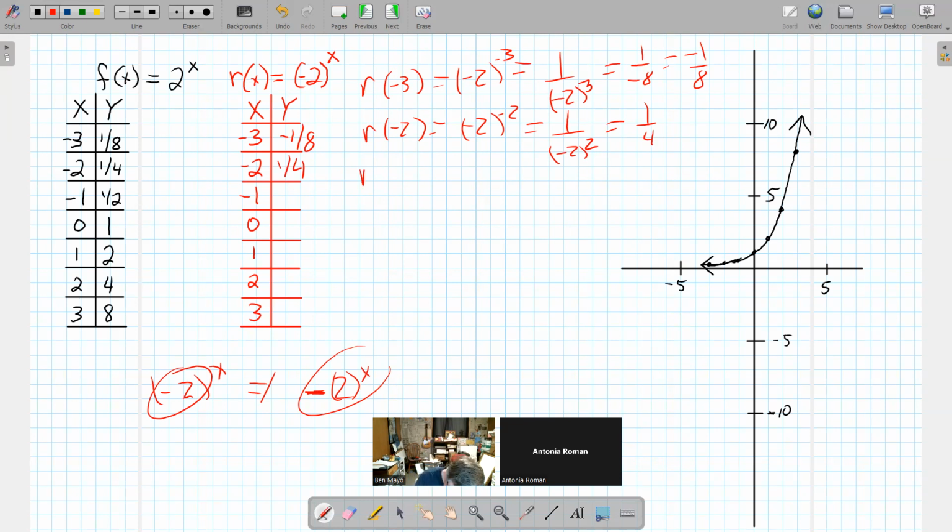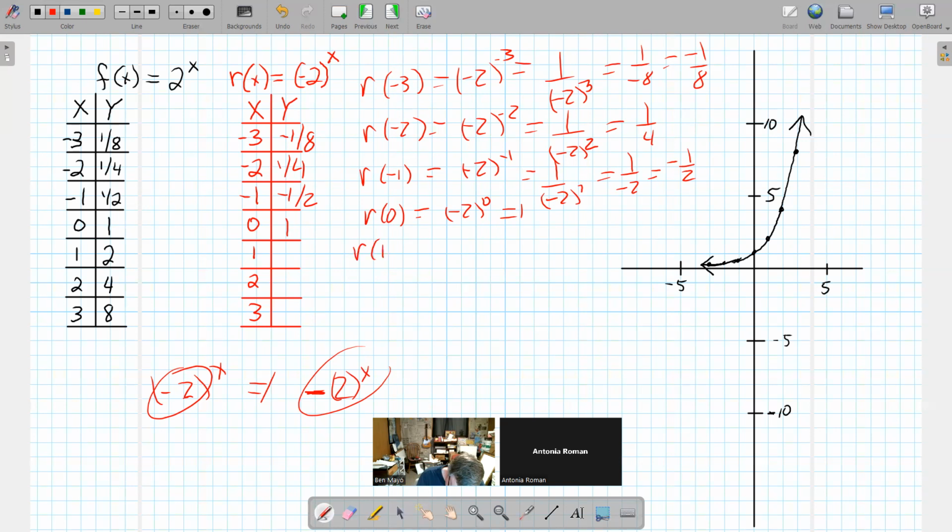If x is negative 1, R of negative 1 is negative 2 to the negative 1 power, which is 1 over negative 2 to the positive 1 power, which is 1 over negative 2 or negative 1/2. If x is 0, R of 0 is negative 2 to the 0 power, which is 1.